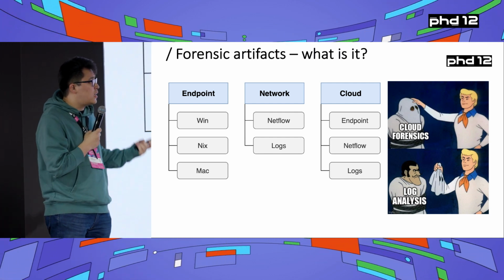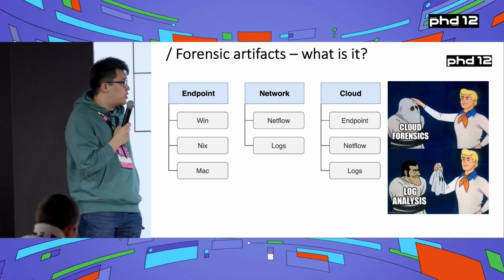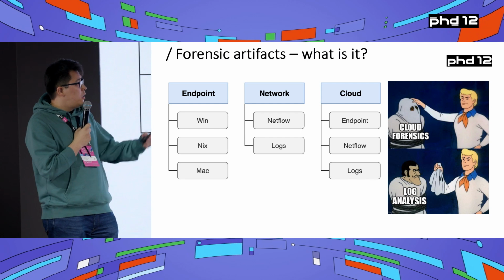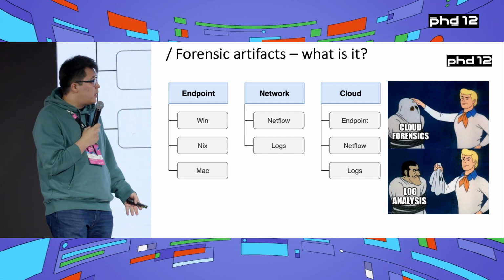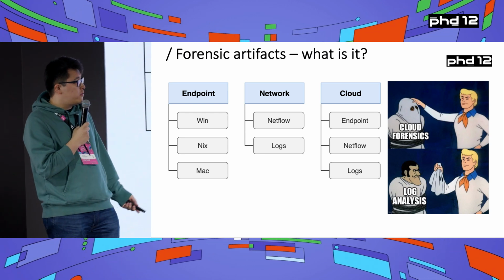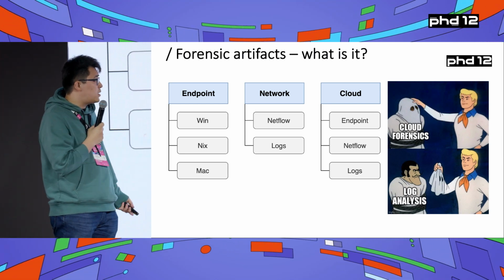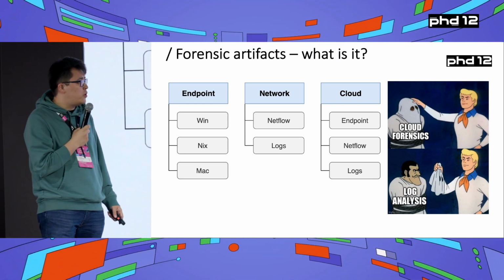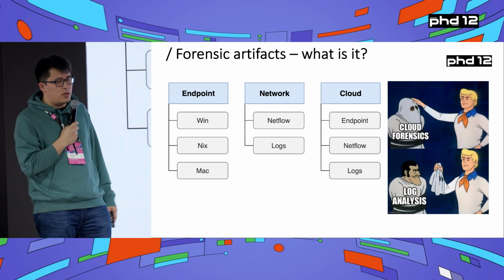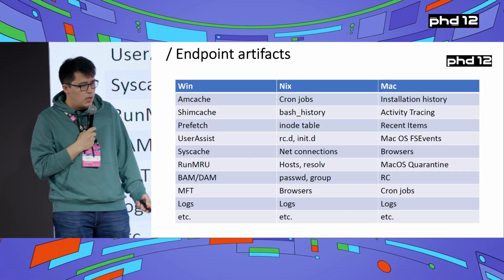And you can also have network artifacts like traffic and also logs. And another domain is cloud, which is quite new to us. And it has both the network artifacts and the endpoint artifacts, and also the hypervisor logs having information on what was going on.